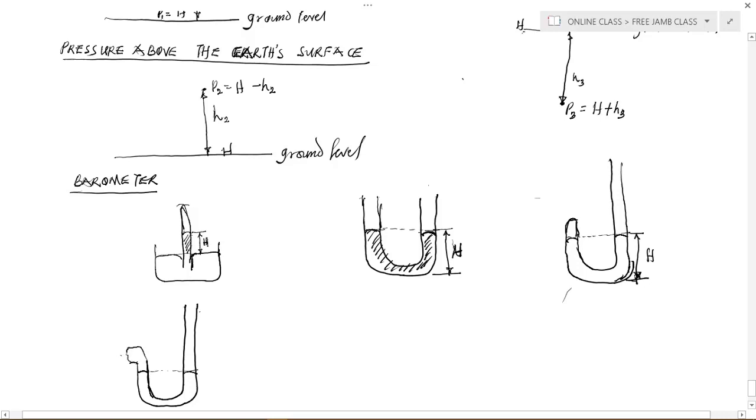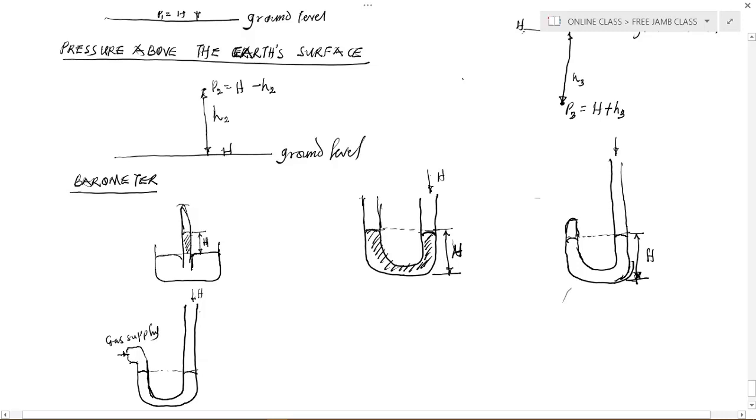Gas is attached there. Atmospheric pressure is acting downward like this. That's the way we always say it. H, atmospheric pressure acting downward. And that's the measurement we made here.